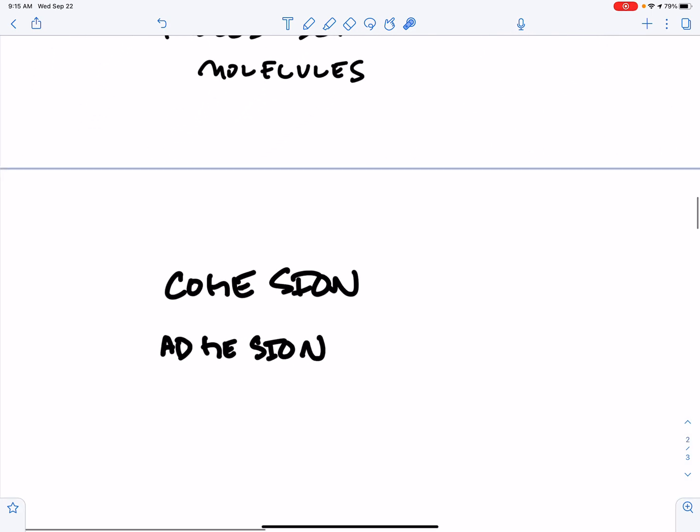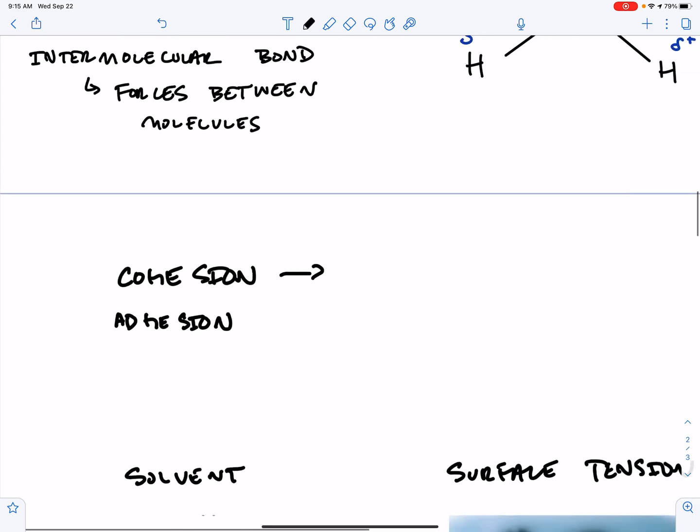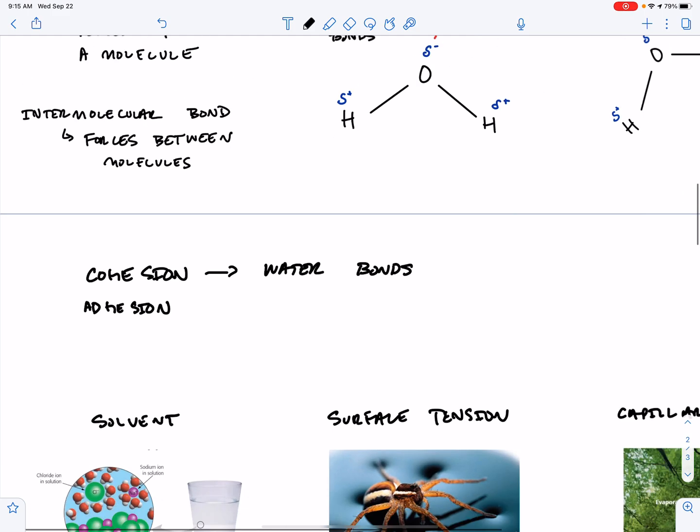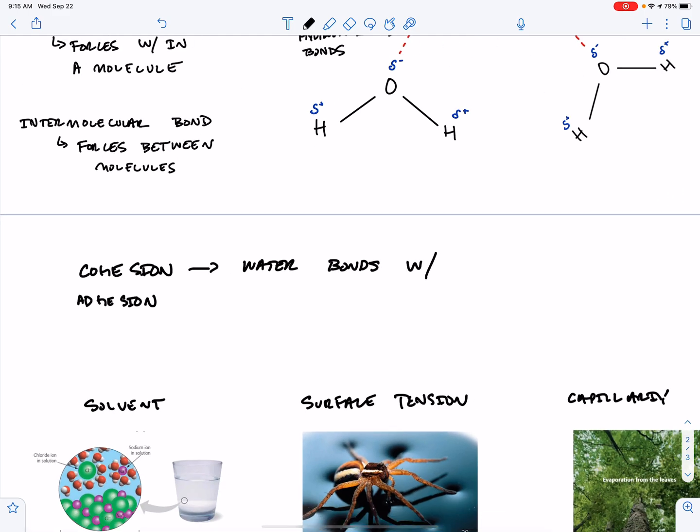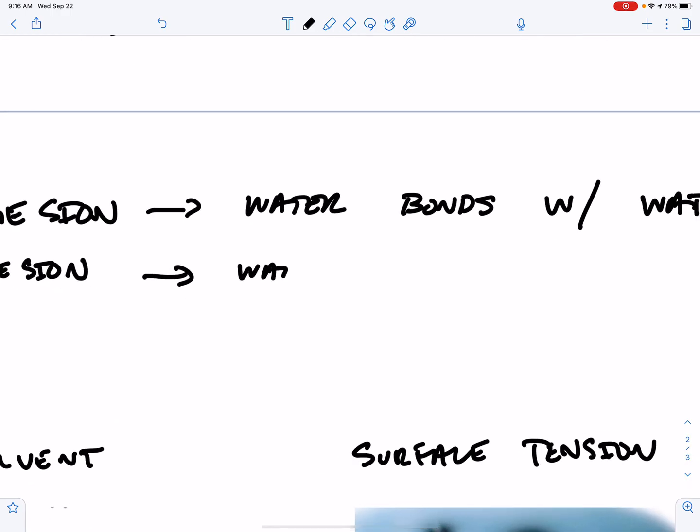This is called cohesion. So cohesion is when water bonds with water. The co part meaning that it's water bonding to other water. Okay, this is in contrast to adhesion, which is water.